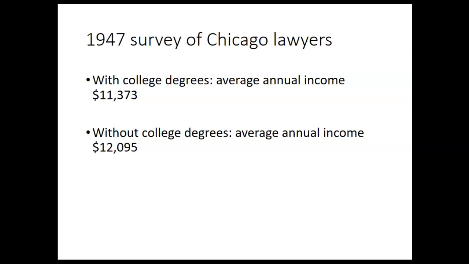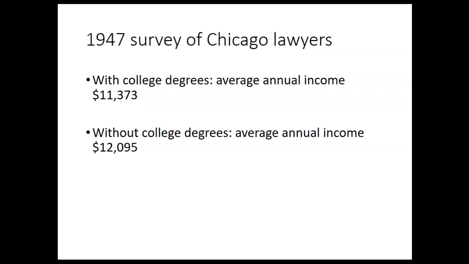They had higher income on the average than the lawyers with college degrees. What's going on here? Does getting a college degree actually make you earn less money? Is the amount of income that a lawyer earns dependent on whether or not they went to college in a negative way? Well, there's a confounding variable here.